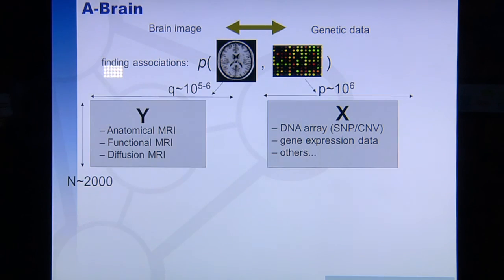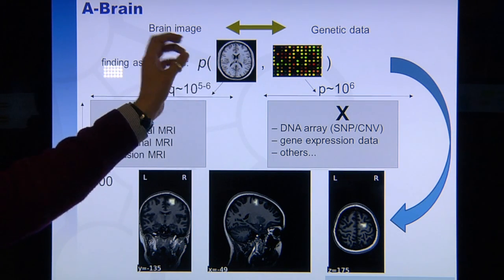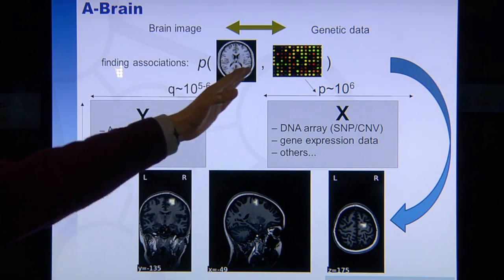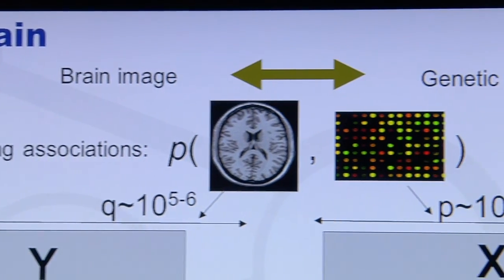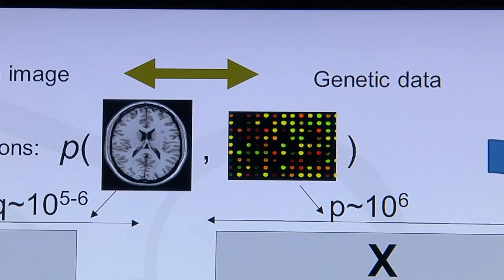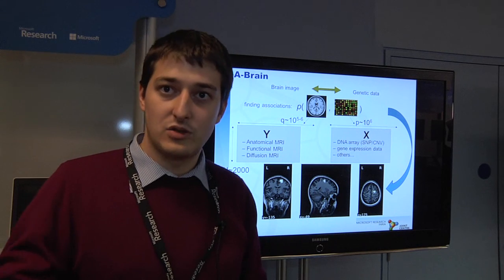To give you some more details, this is what we're trying to do. We're trying to find associations between each location in the brain, which are called voxels, 3D pixels, on one hand, and between genes. In order to do this, we have to test the associations to test if there is a significant link between each location and each gene.